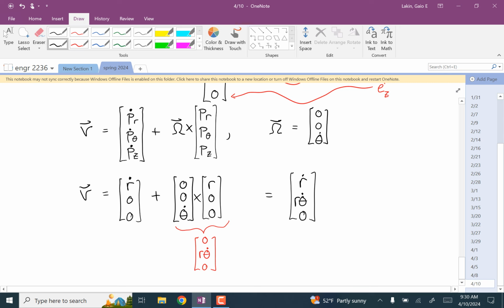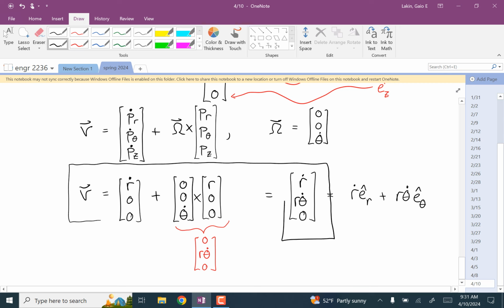Which is the same thing as r dot e_r plus r theta dot e_theta.